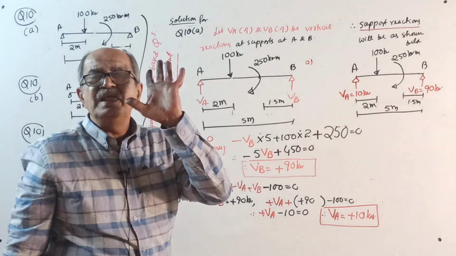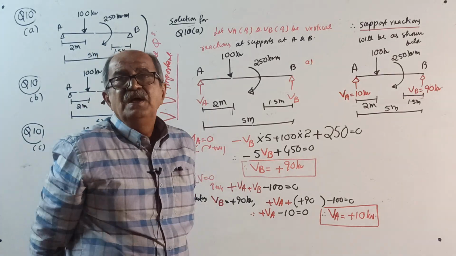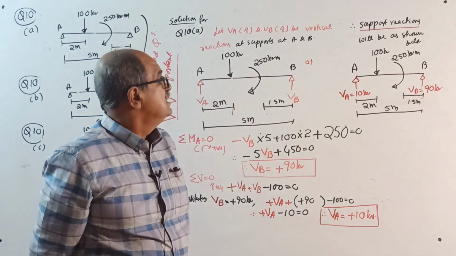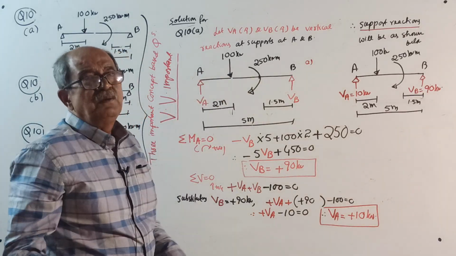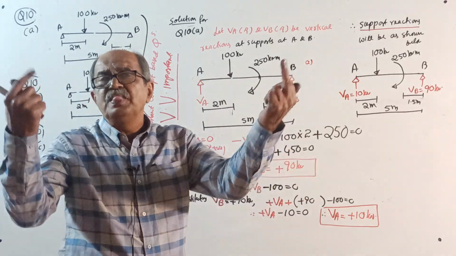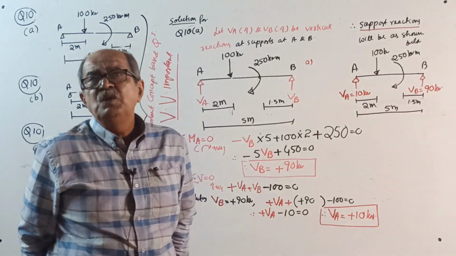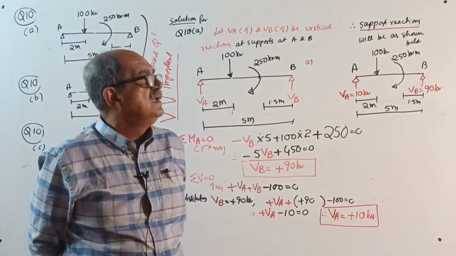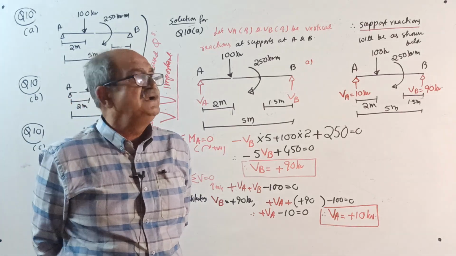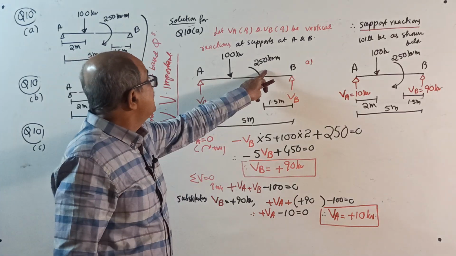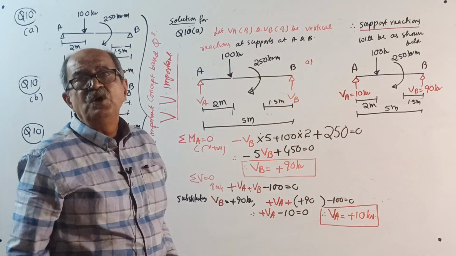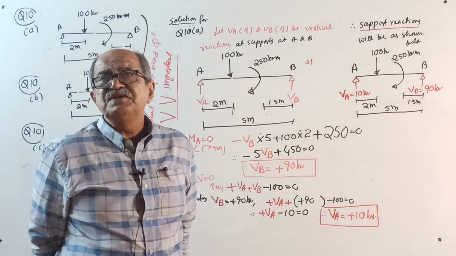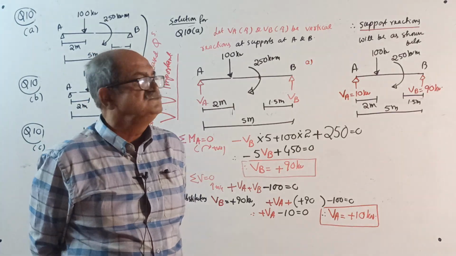This all I told earlier. Therefore, little confusion. Due to point load, both reactions will come up. Due to couple, one will come up, one will come down. Now, finally what happens depends upon the effect of couple or effect of load, among the two, which is more predominant.